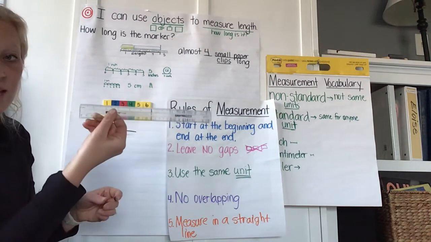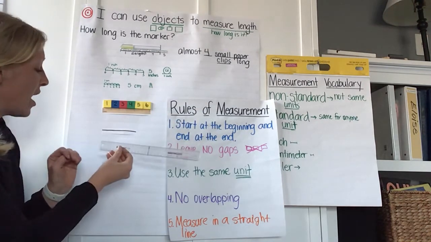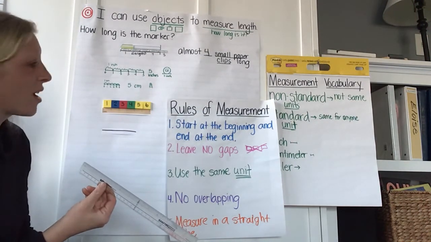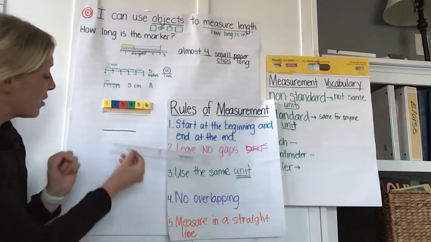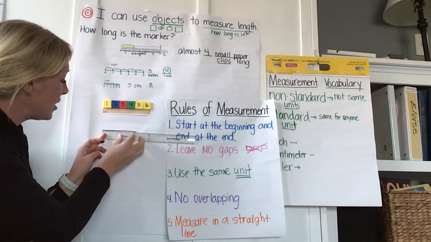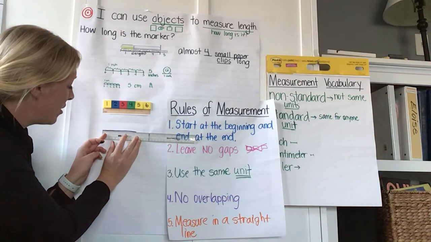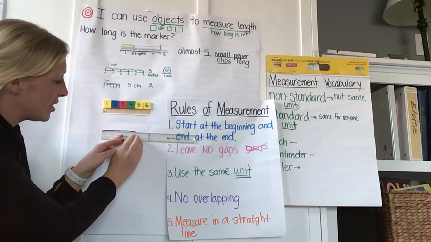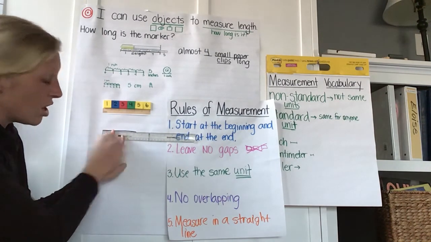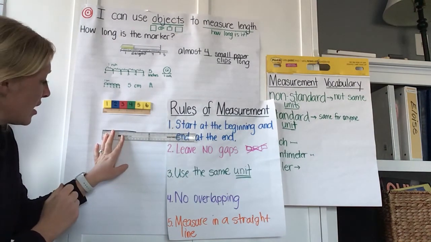So I'm gonna look on my inch side, and where am I gonna start? My 0. So I'm going to line my 0 right up there, right at the end, and I'm going to see where it stops. Now, you might be able to see it.